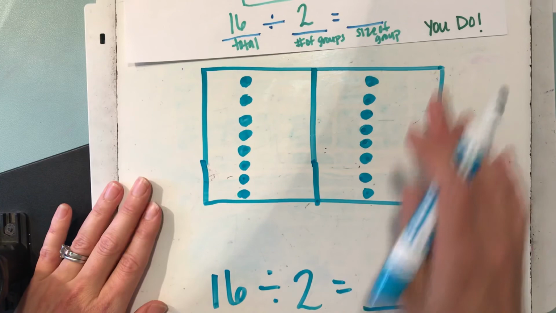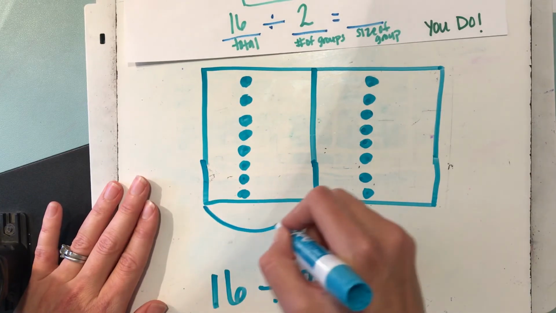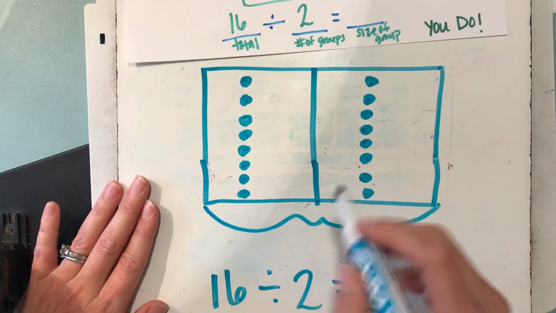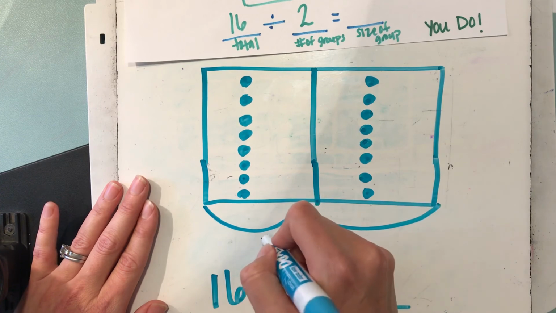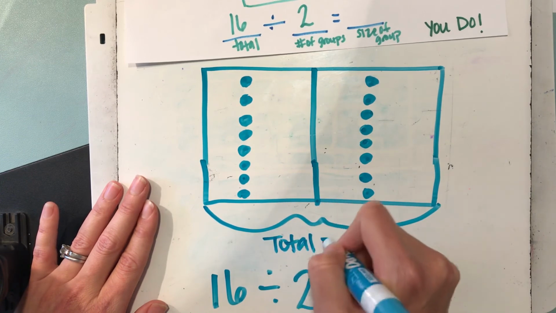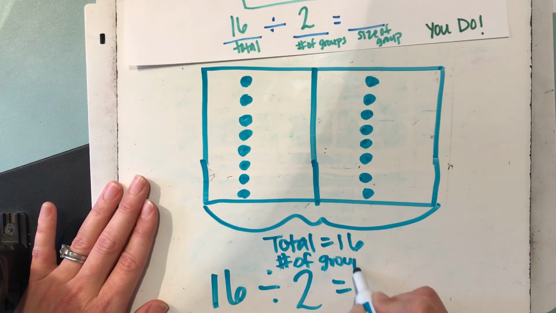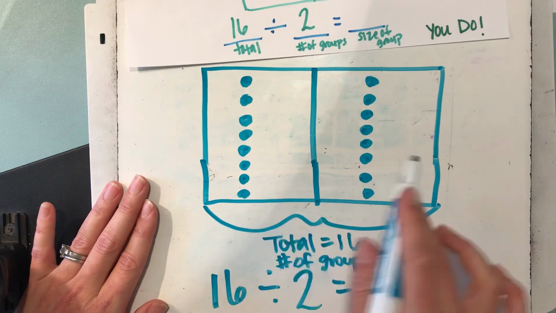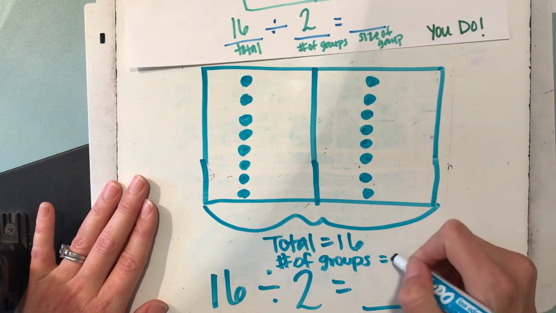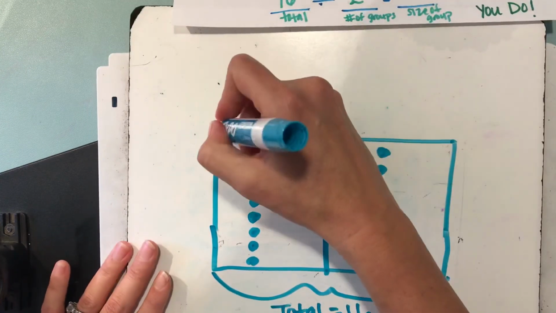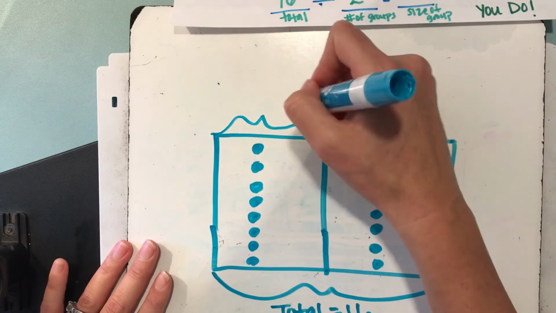Okay. So what do we know? We know that our total was 16. And we knew the number of groups, right? And that was what? How many groups do we have? 2. What we were trying to figure out was this unit right here.